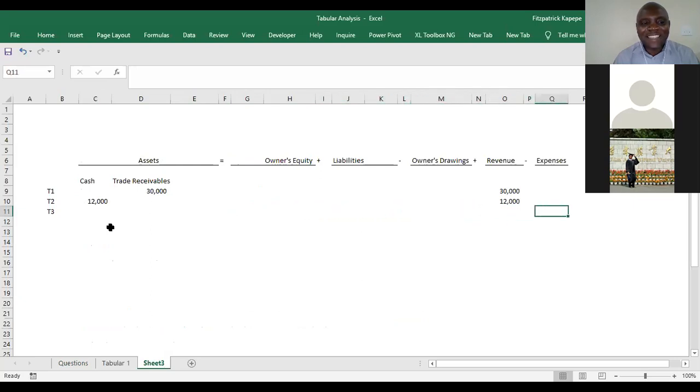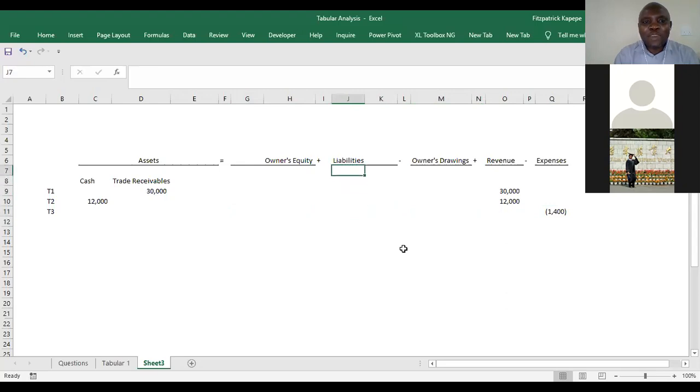How much is it again? Is it 1,400? Yes. So because it's an expense, you type it in negative. Always put it in negative there.